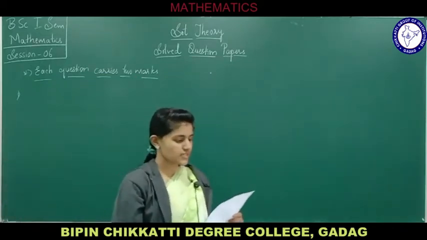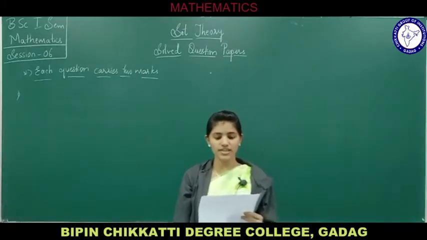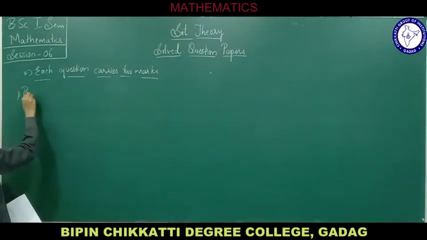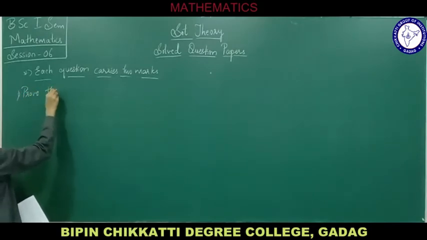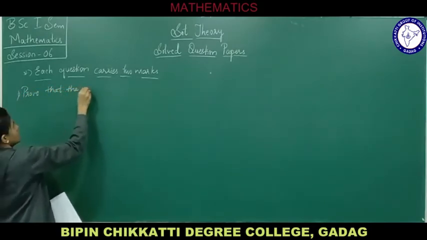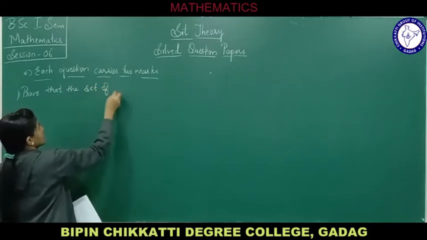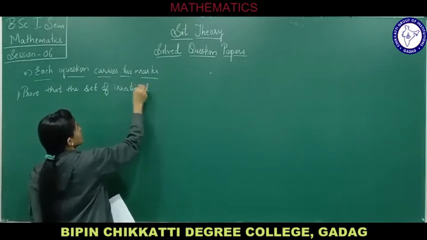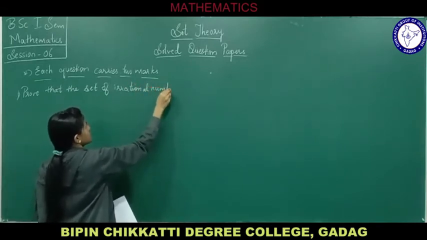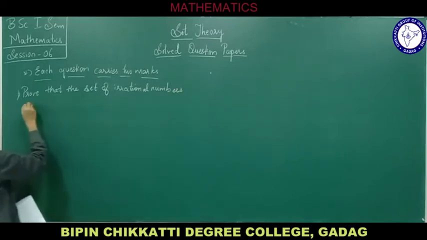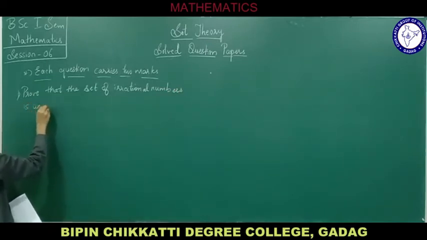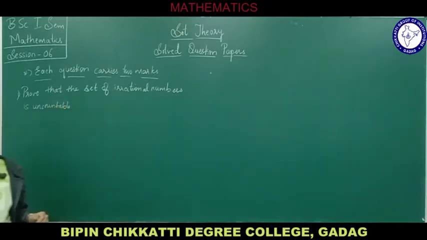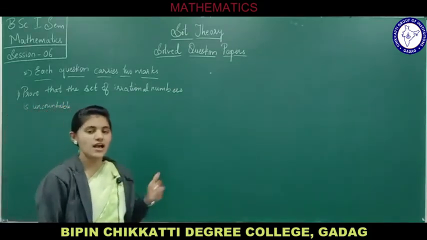Prove that the set of irrational numbers is uncountable. We just need to prove that the set of irrational numbers is uncountable.